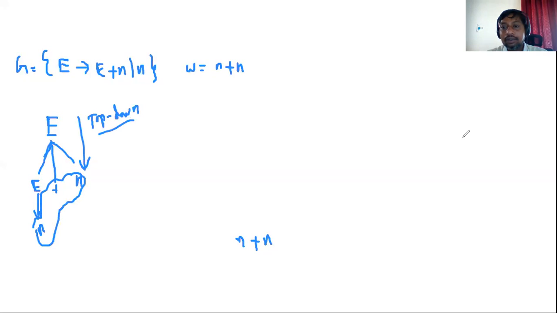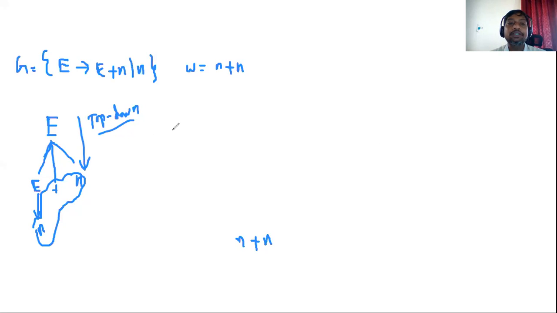But in bottom-up parsing, we'll follow the reverse process.